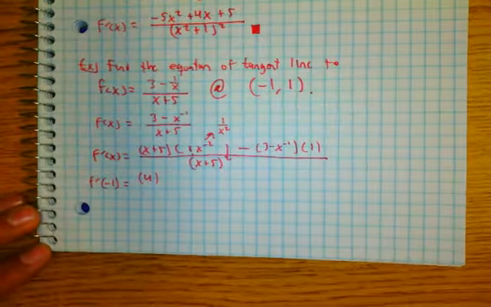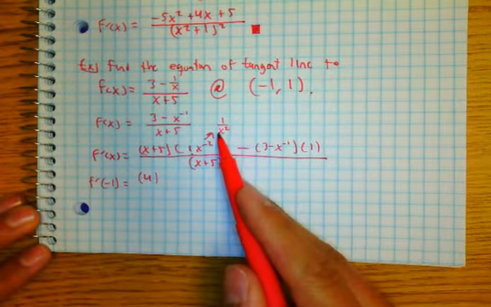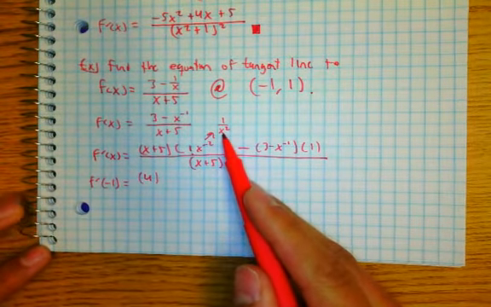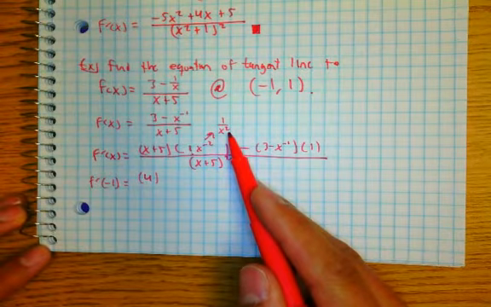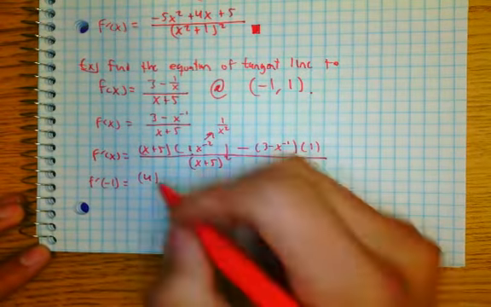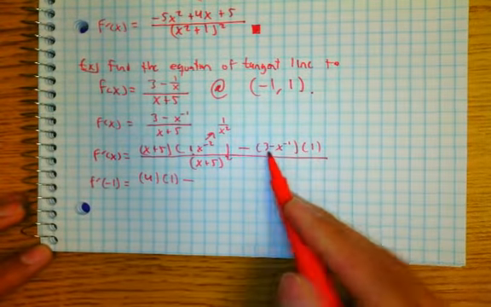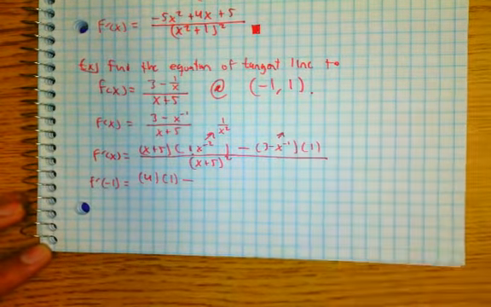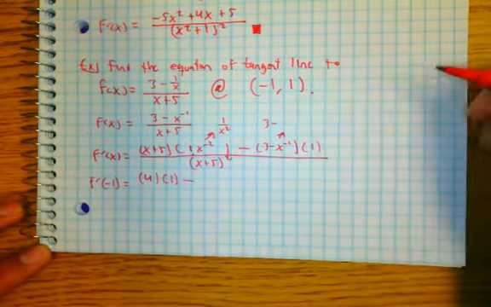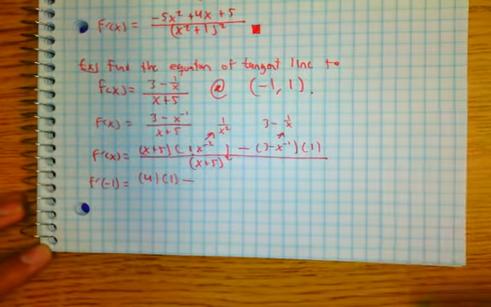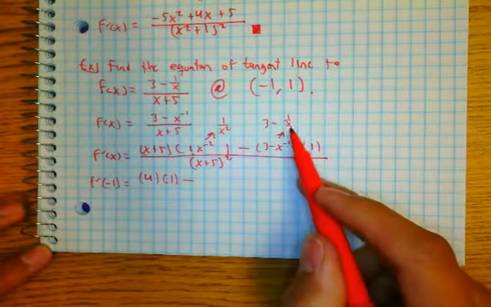Minus. This right here is technically what, guys? 3 minus 1 over x. Agreed? So if I'm plugging in negative 1, what's 1 divided by negative 1? Negative 1. 3 minus negative 1 becomes 4. Agreed? Times 1.